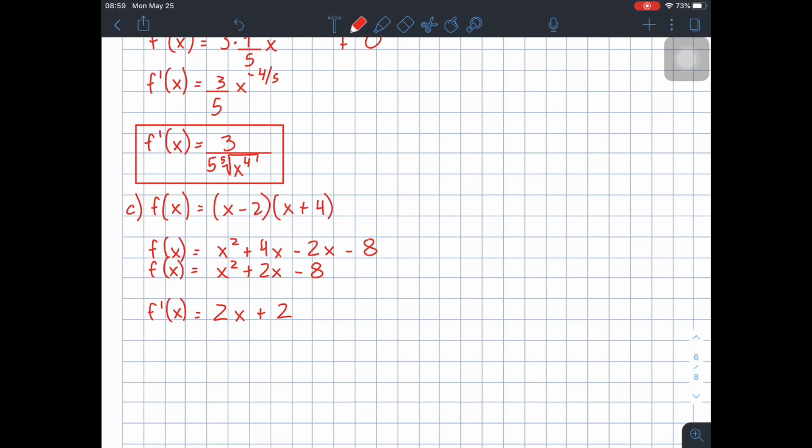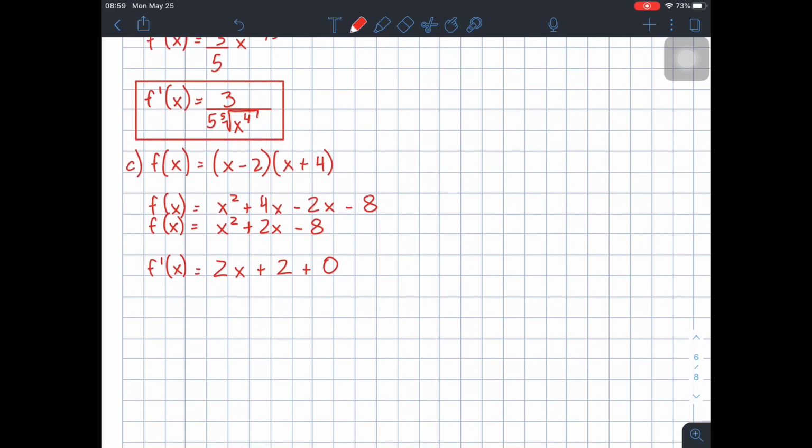So x to the power of 0 is actually 1. So this just stays as 2, right? And the derivative of a constant number is always 0, right? So plus 0. So f prime of x, the derivative, is 2x plus 2. That's the derivative in this case.